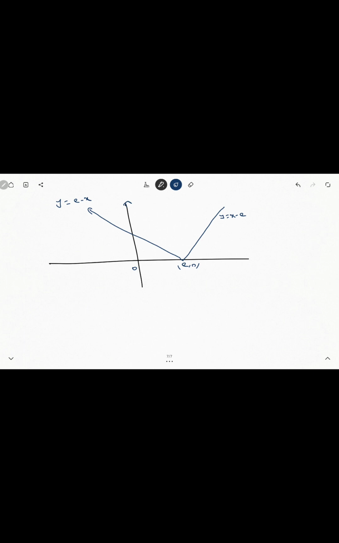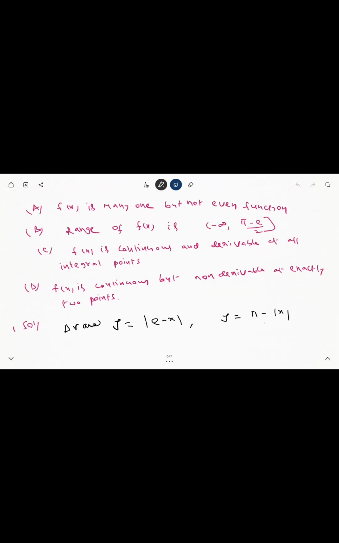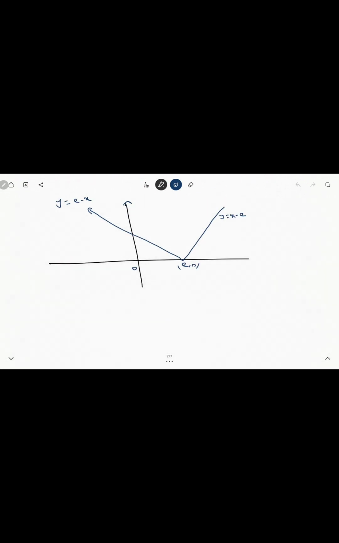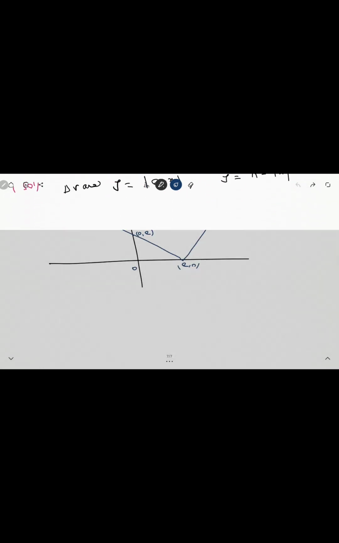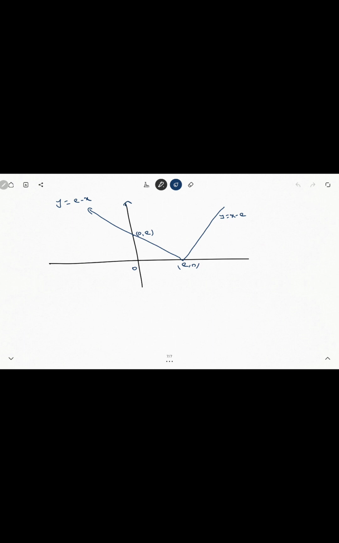Next one is y is equal to pi minus mod x. Put x equal to 0, we are getting pi. Correct? Now, next one, pi I can draw here.